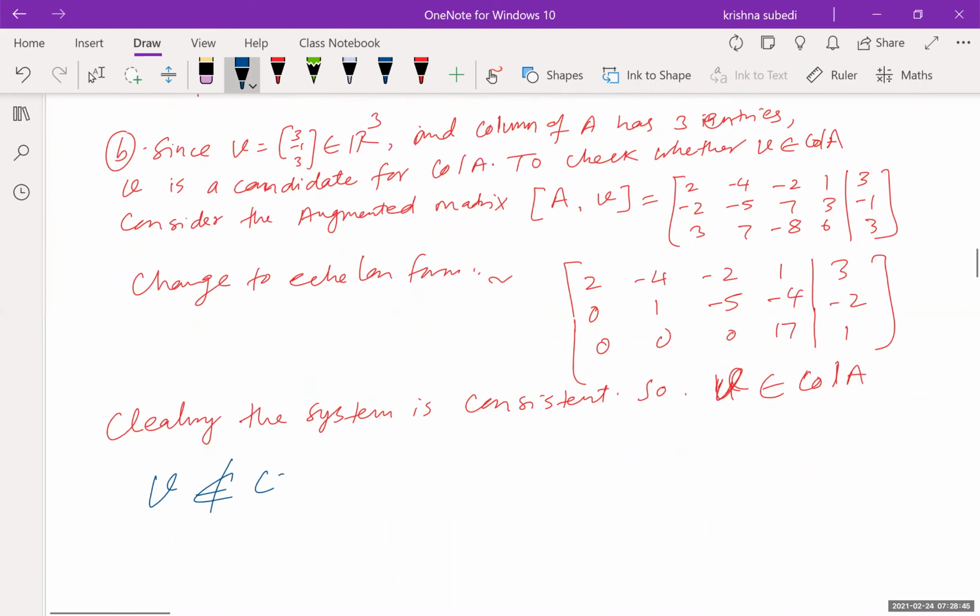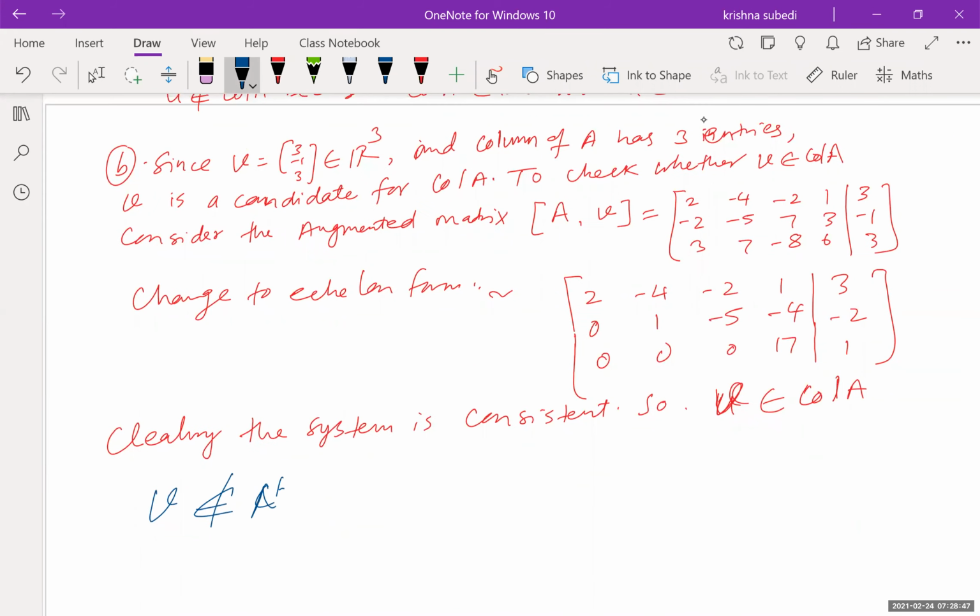No, V cannot be in null A, because V is a subspace of R3 and the null space of A is a subspace of R4, so it cannot be there.